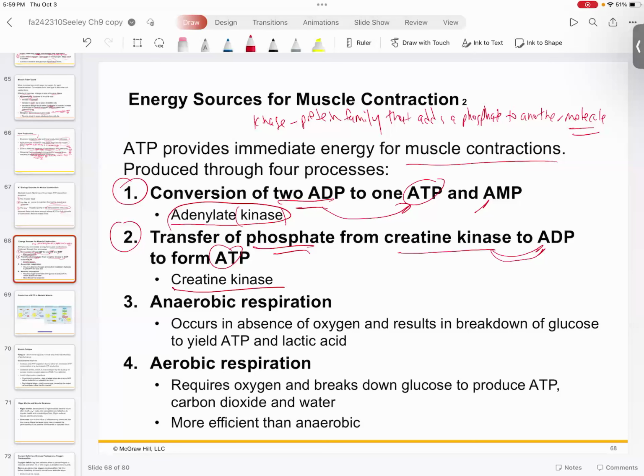And then you have anaerobic respiration. This is where you don't have any oxygen, but ultimately you'll break down glucose and generate ATP and lactic acid. This is the fermentation pathway. You may have remembered that from general biology.